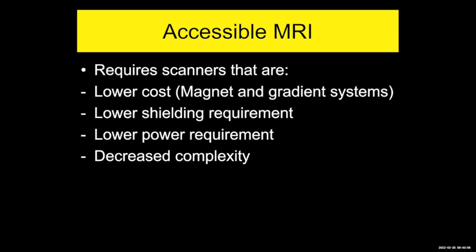If we get to a level where you don't need shielding, then you would have a significant impact on both the cost and housing of these magnets, which would make it more accessible. Power requirement is an issue, and then just the complexity of doing an exam is a problem. So if you can address these aspects of scanning, then maybe we can address the accessibility barrier.